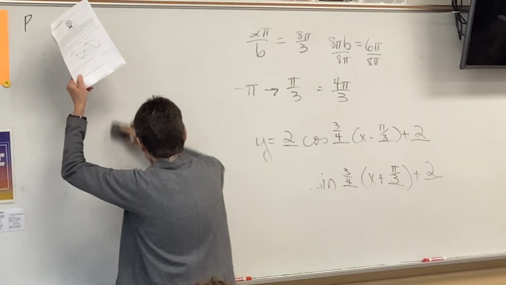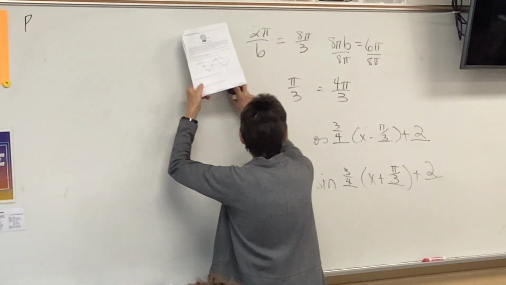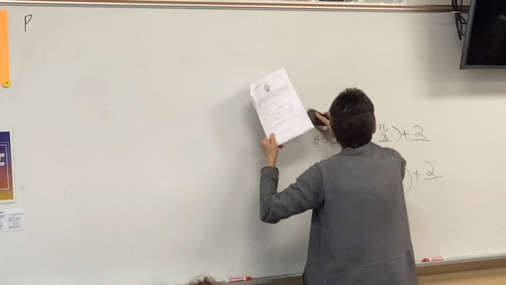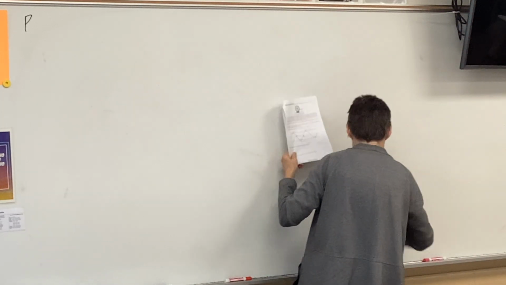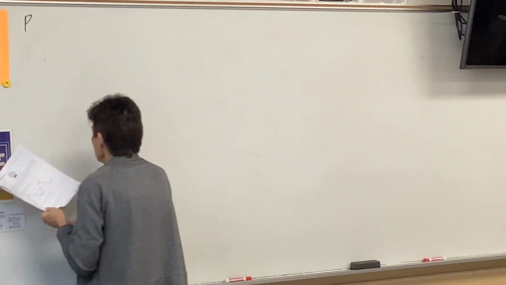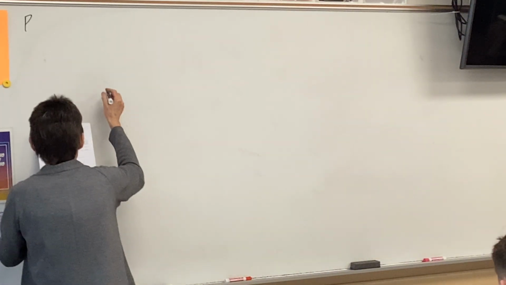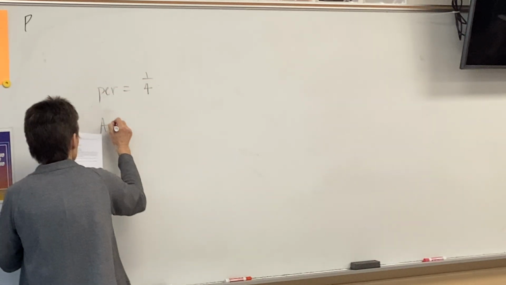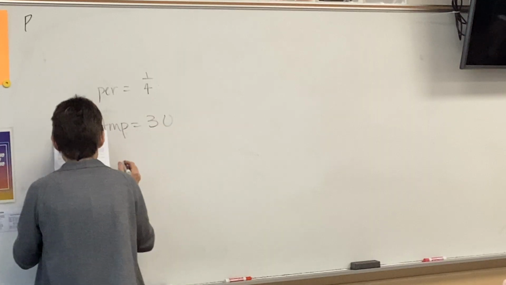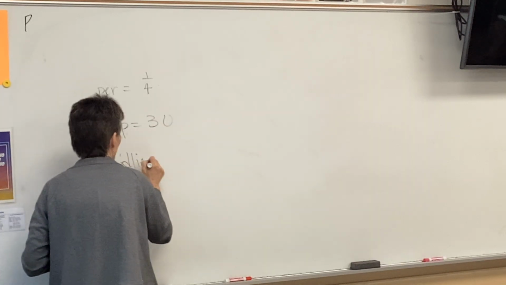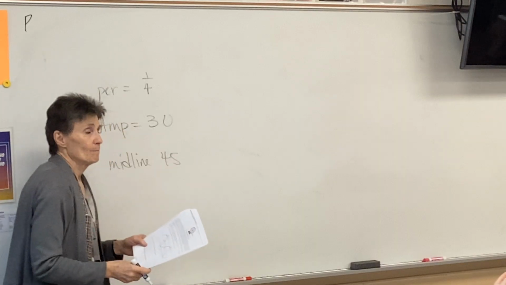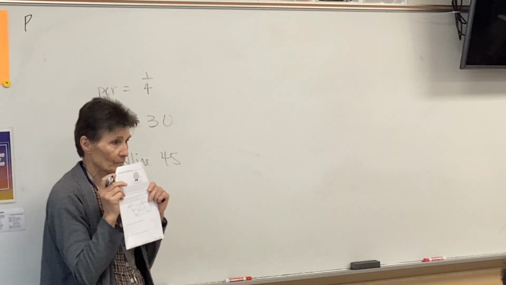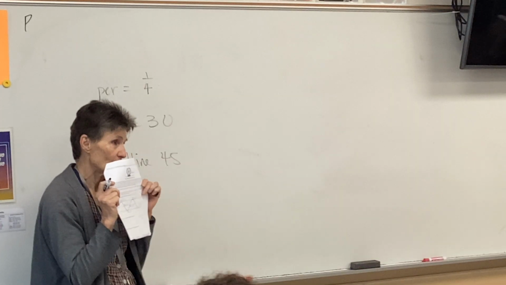For the review problems, extra practice problems, page 4, at the end of the period we had figured out that we had a period of 1/4, an amplitude of 30, and a midline of 45. We had already done that before. Okay, is everybody where I'm at here?